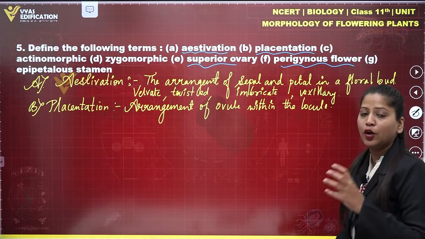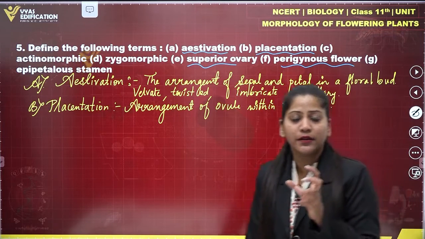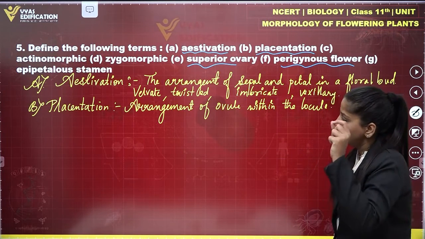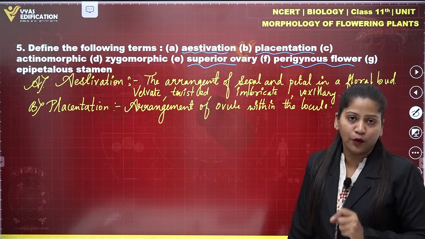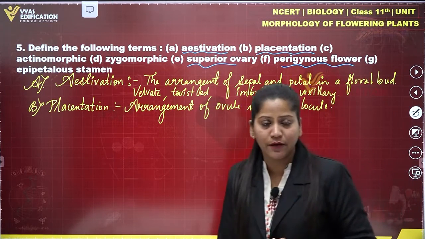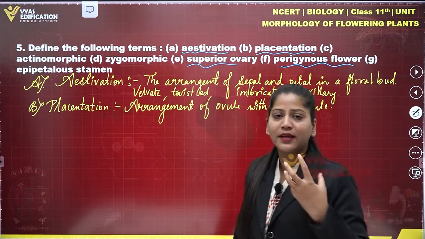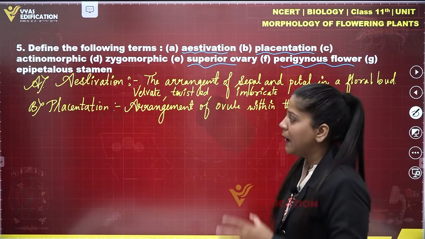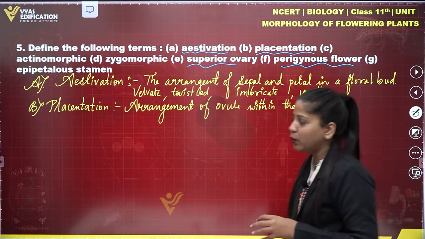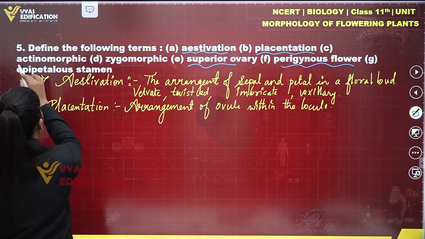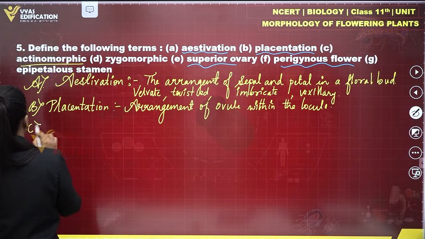Now what is a locule? It is another term which we use for ovarian cavity. So the arrangement of ovules within the ovarian cavity or locule is termed as placentation. We have basically 5 types of placentation, but we are not going to write them over here. We have to define another term, that is actinomorphic.